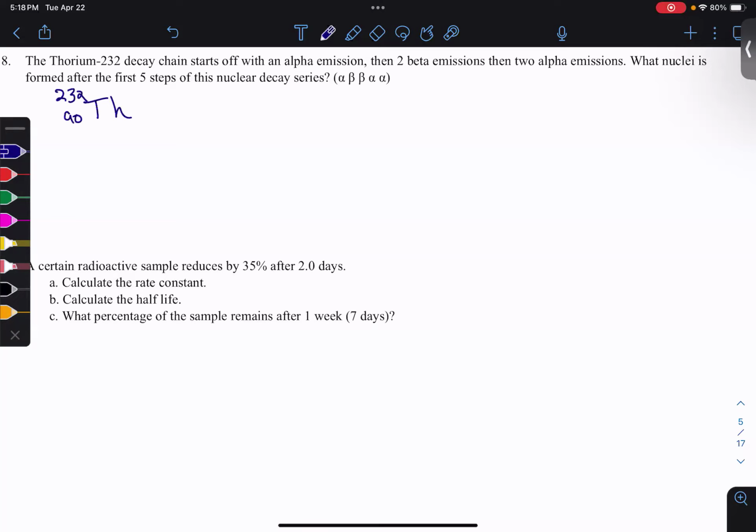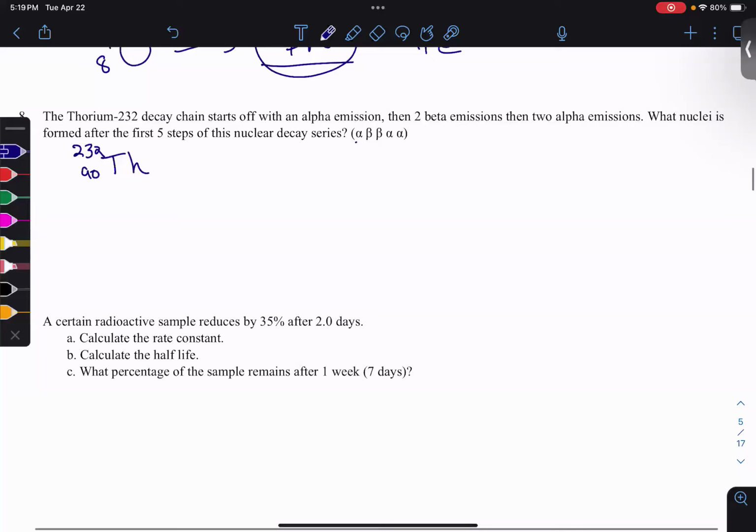It's going to be helpful for you to maybe memorize some of these common elements like thorium, uranium, curium, bismuth, those that are common for nuclear reactions, because I don't want you to get stuck in a jam and be like, what is thorium? So thorium is 90 protons.